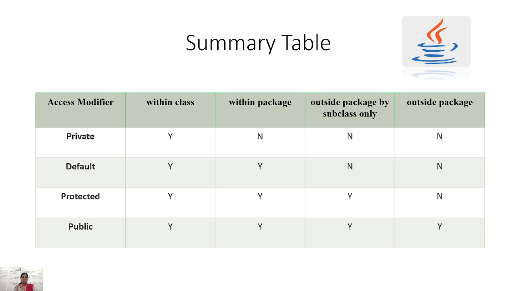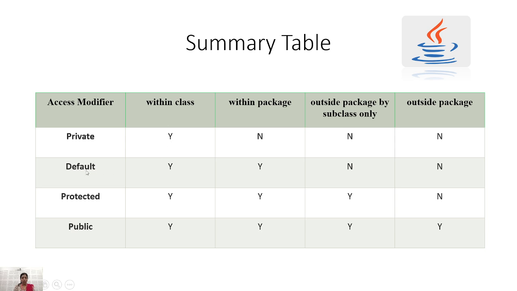So in the summary table, what we will see: these are the access modifiers: private, default, protected, and public. And here are some of the locations from where we can access them. Private access modifiers can be accessed within the class.